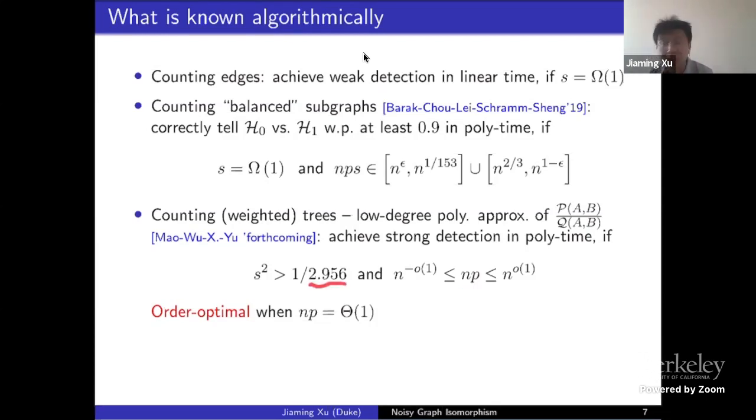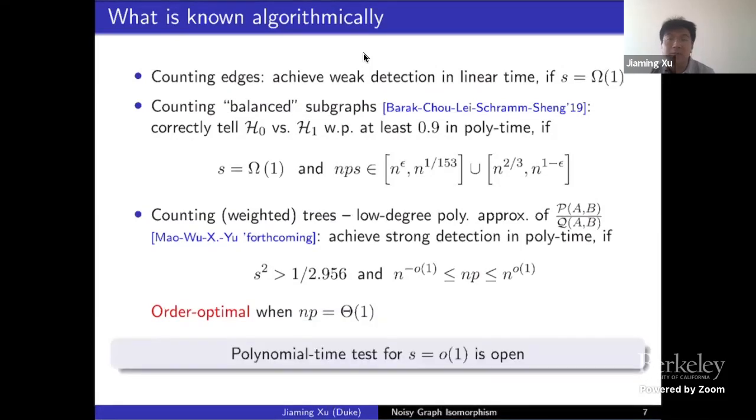This constant comes from the number of unlabeled trees of a given size. This result is optimal in the sparse regime when you have a constant average degree. The positive result here compared to the negative result differs by a constant factor.